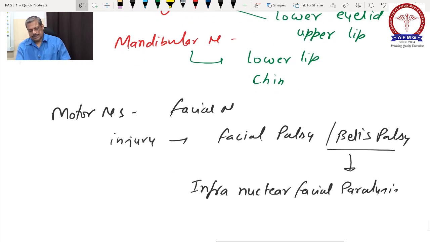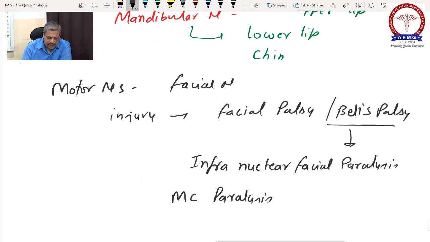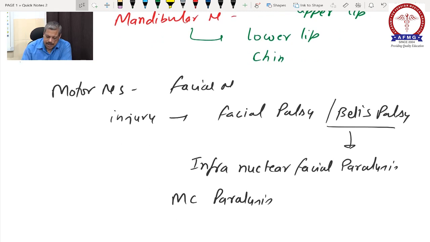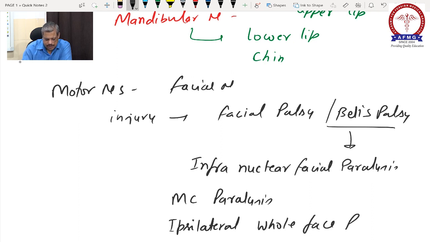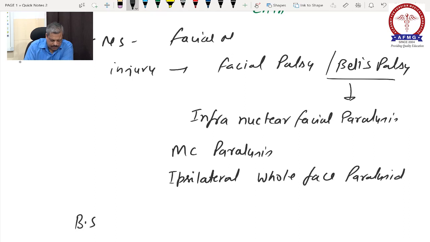Infranuclear facial paralysis, this is the most common paralysis in the body. In Bell's palsy, the face is paralyzed, the ipsilateral whole face is paralyzed. Clear? Now the next is the blood supply.